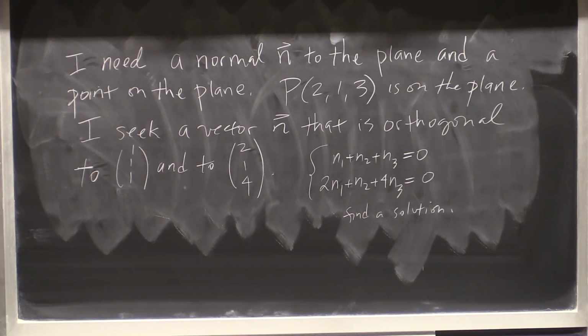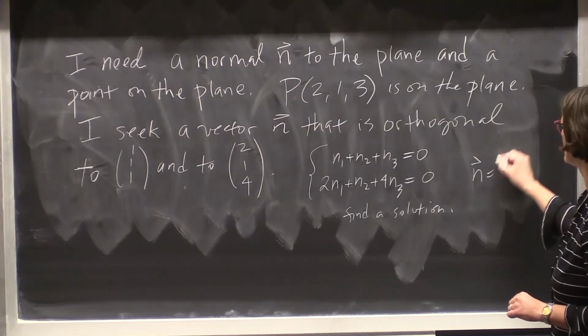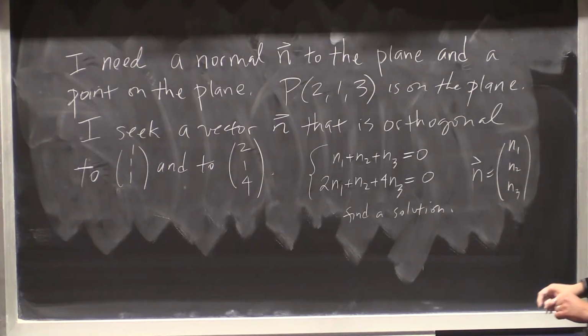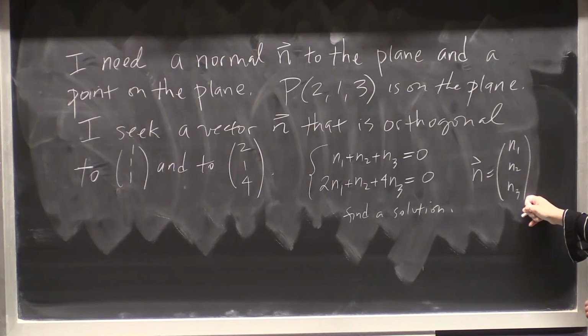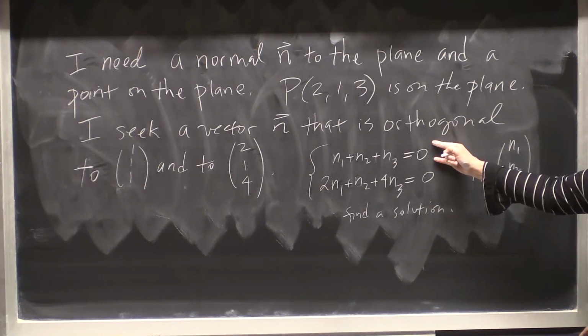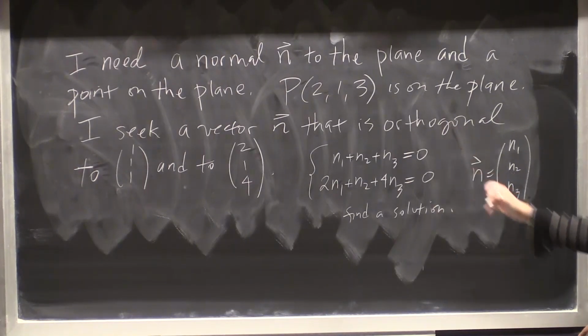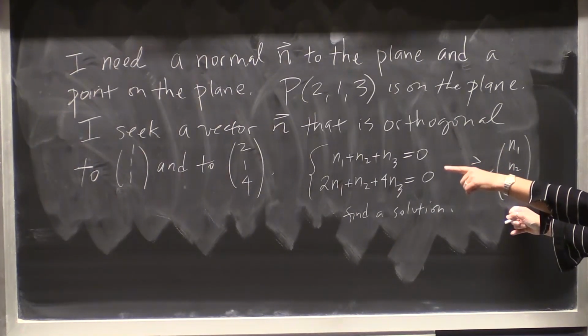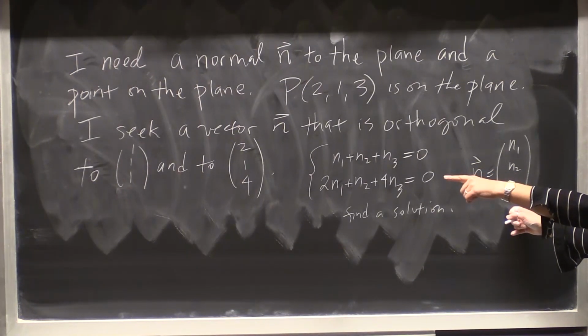Yes? Where did you get those equations from? Because I'm looking for a vector n, (n1, n2, n3), and I want this to be orthogonal to (1, 1, 1). That's this equation. I took the dot product of this with the vector (1, 1, 1), and I asked that that dot product be 0.